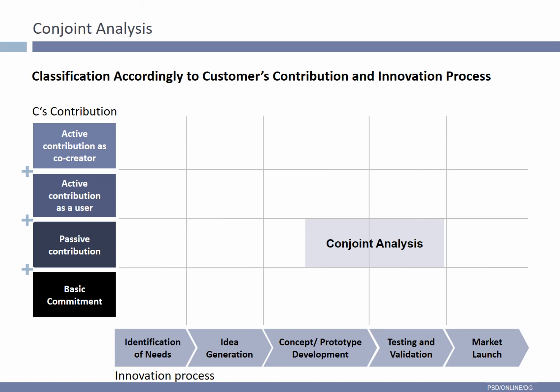Don't go for conjoint analysis with leading edge customers and all these frontiers, because it is too simplifying for them. And with the conjoint analysis, you actually want to find out what are the different features, utilities, and relevances for the entire market. So not these atypical users, but for the mass market. So therefore, the conjoint analysis is best performed with people that are these passive contributors.